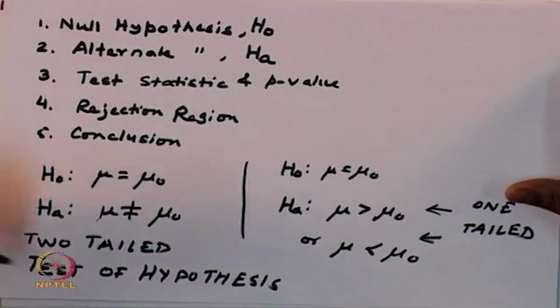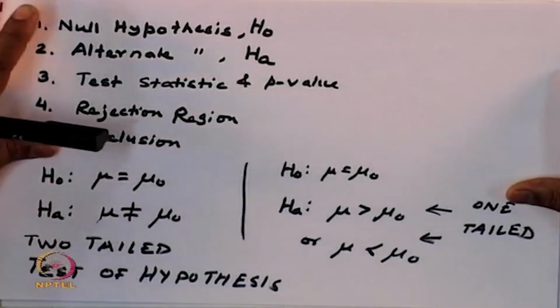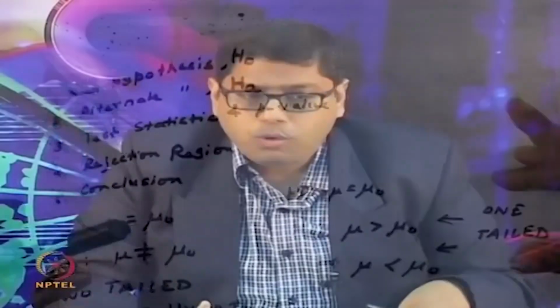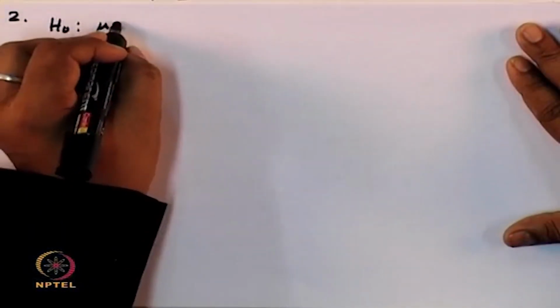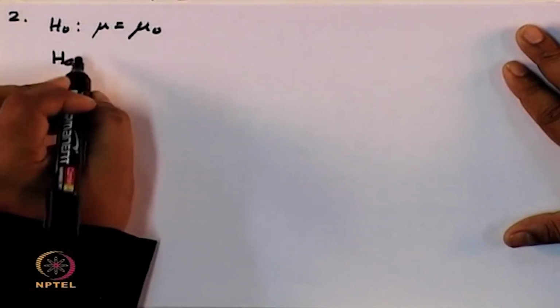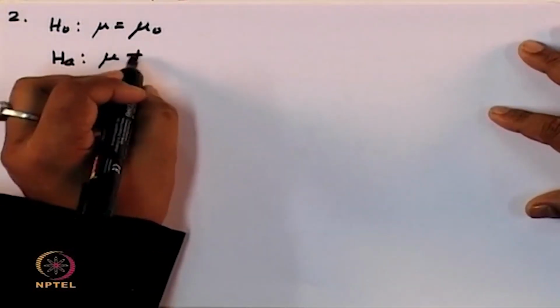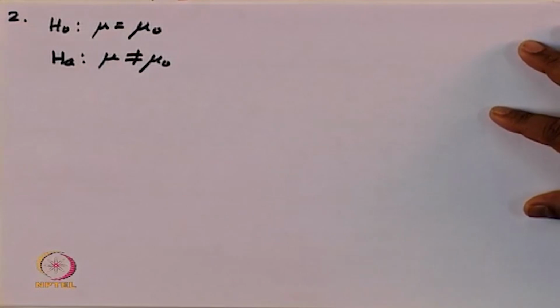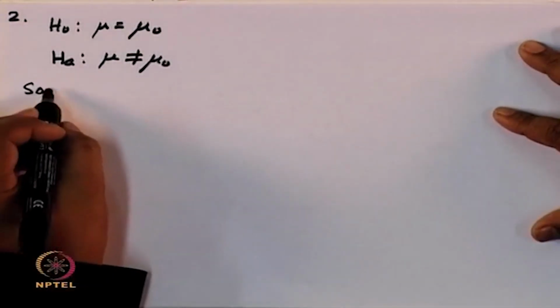So, when we talk about two-tailed or one-tailed tests of hypothesis, what do we mean? Once again, your H naught says mu is equal to mu naught in this case, and your HA is mu not equal to mu naught. How will you ascertain this? You will do some sampling.